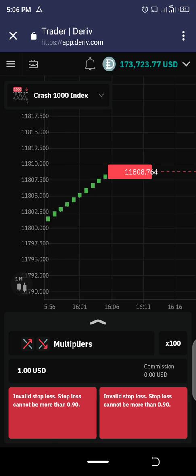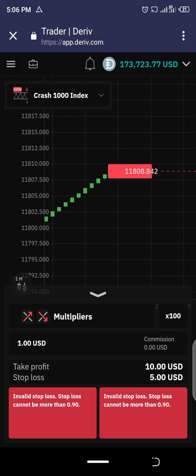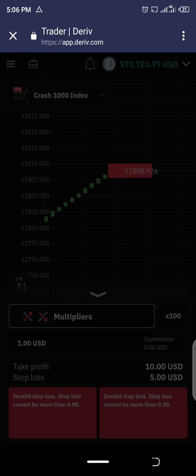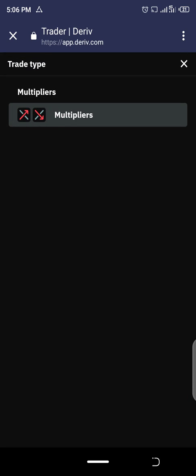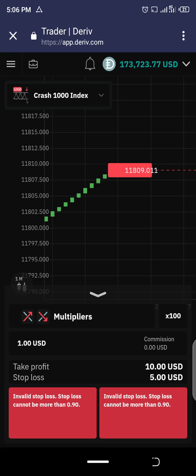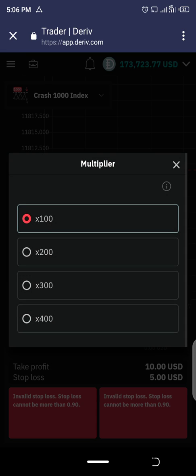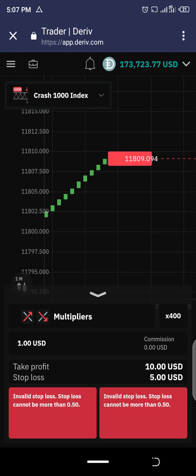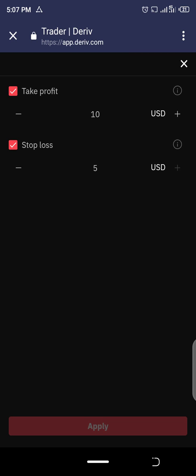All right, so here we are in the multiplier options. Let's say multiplier 100, and then let me set this a bit. Okay, let me increase my multiplier. Stop loss, take profit.